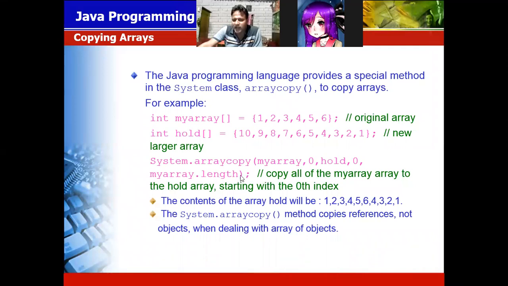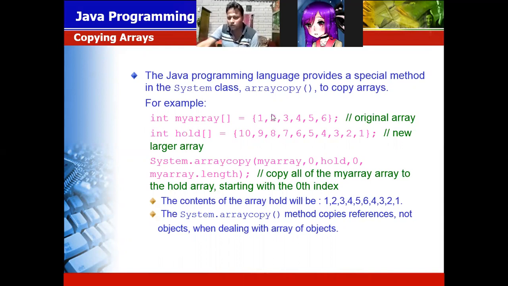You cannot pass length. The array length is 6. If you copy from this position, that means one element is left, so you have to write my array length minus 1. Length minus 1 is 5.